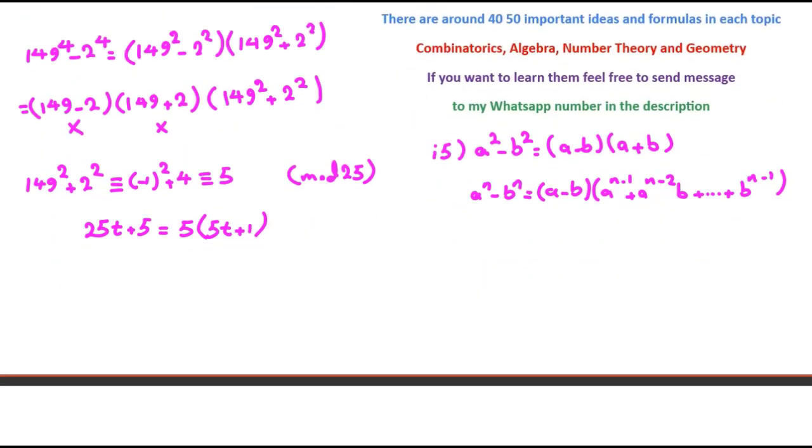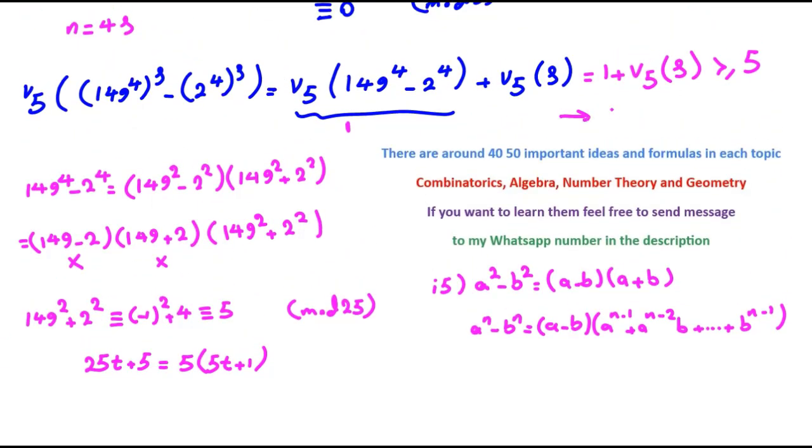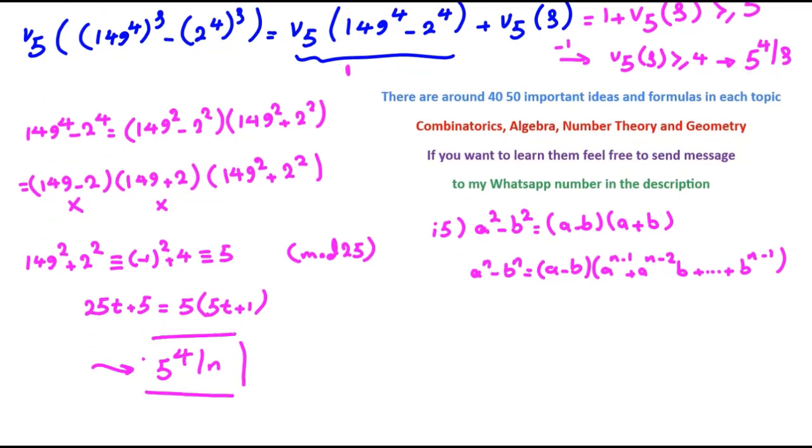If we subtract 1 from both sides, v5 of s is at least 4. So n is 4s, and v5 of s is at least 4. So the power of 5 in s is at least 4. So 5 to the 4 divides s. Because n is 4s, and 4 and 5 are relatively prime, it is equivalent that 5 to the 4 divides n. Okay, so it is the fourth condition.